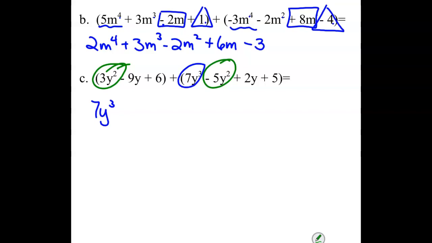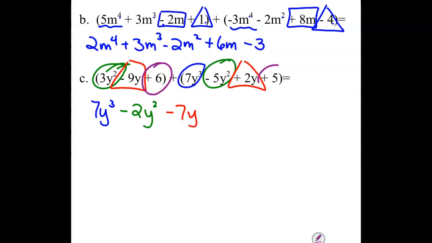Adding them, we get -2y squared. Our y's, we have -3 of them, -9 of them, and 2 of them. Okay. And then constants. +6 here, +5 there. So we have 11.